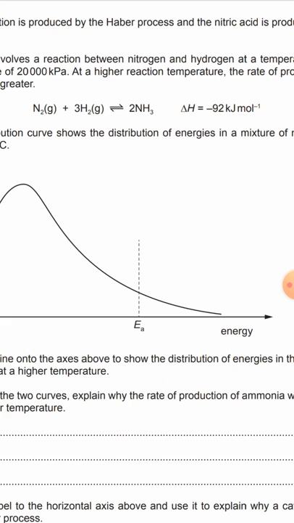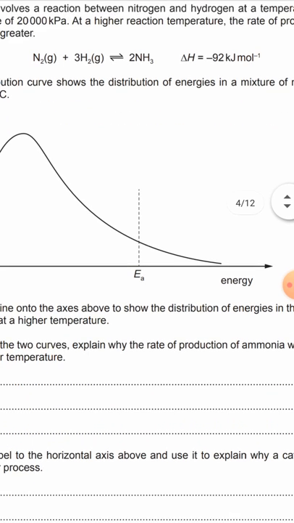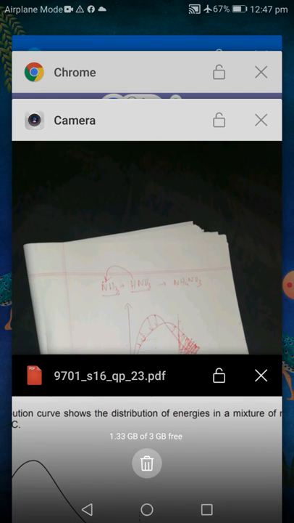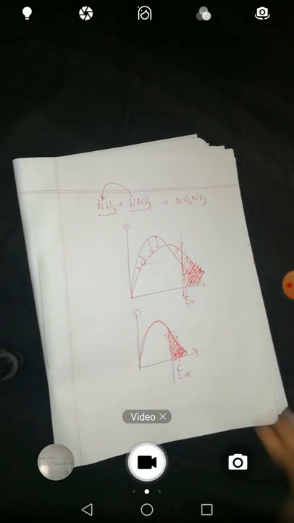Just remember that when enthalpy change is given for a reversible reaction, a reversible reaction has two sides, from left to right and from right to left. Unless stated, the enthalpy change given will always be for the left to right side, and here in this case the enthalpy change is minus 92.